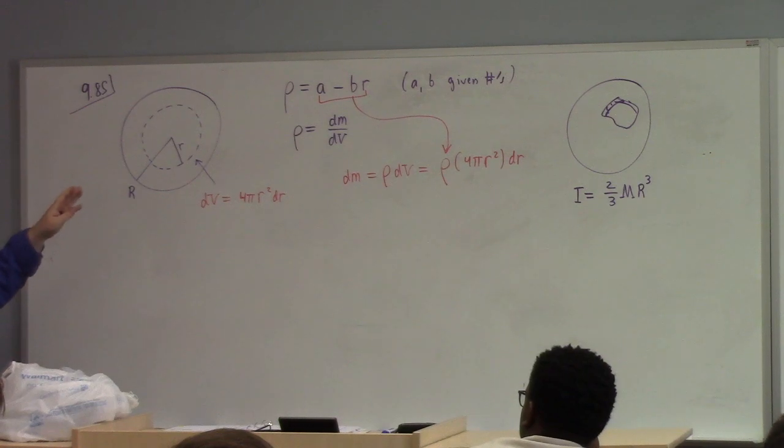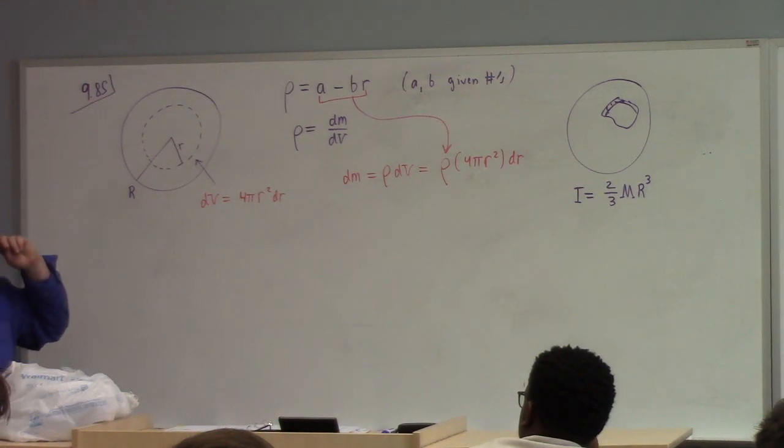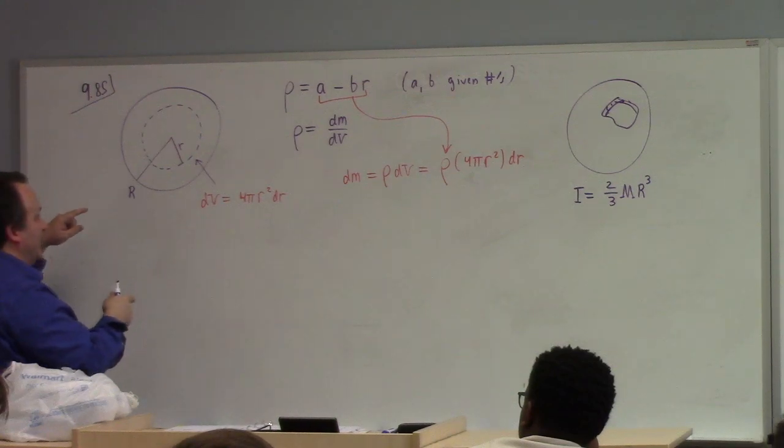The trouble with this one is I can't use the derivation that I have in the notes for the solid sphere without significant modification. But I can basically just bootstrap this example using the spherical shell in the following way.